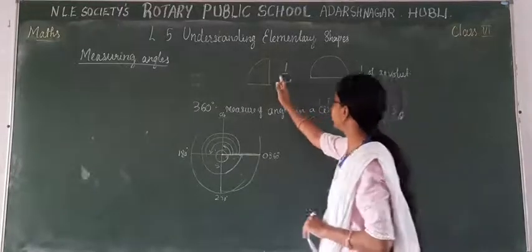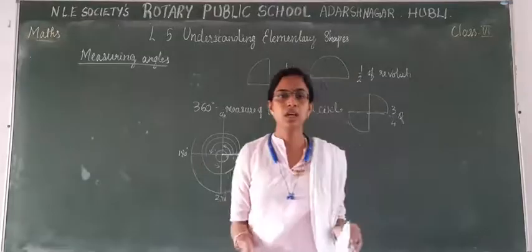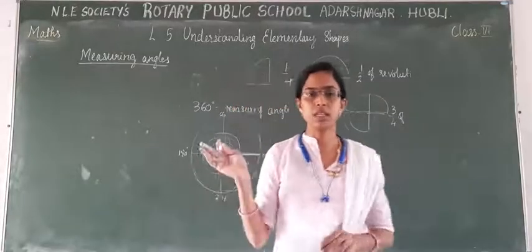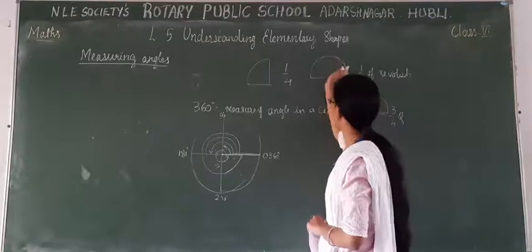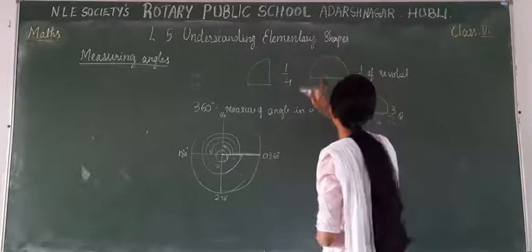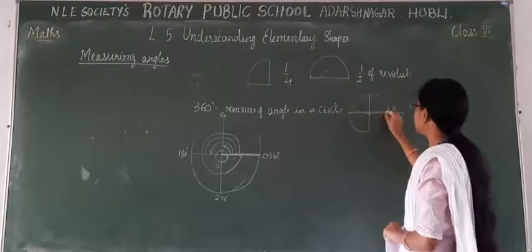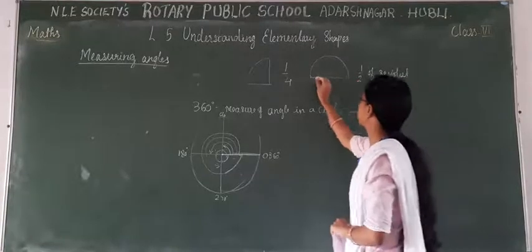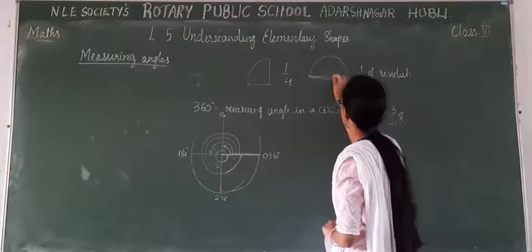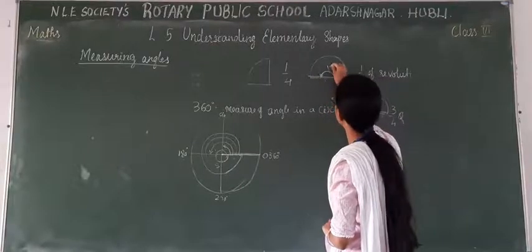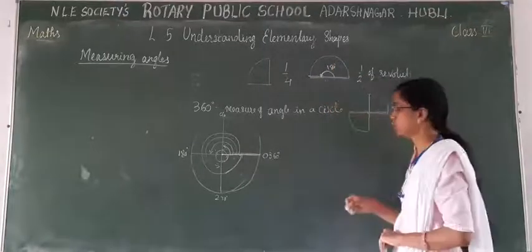In 1/4 of a revolution you get an acute angle, and in 2/4 you get a 180 degree angle. Here a linear angle also, which is 180 degrees. This angle is called a linear angle. A linear angle measures 180 degrees.